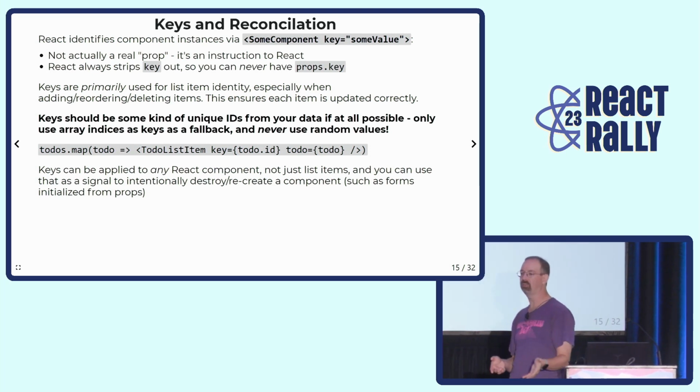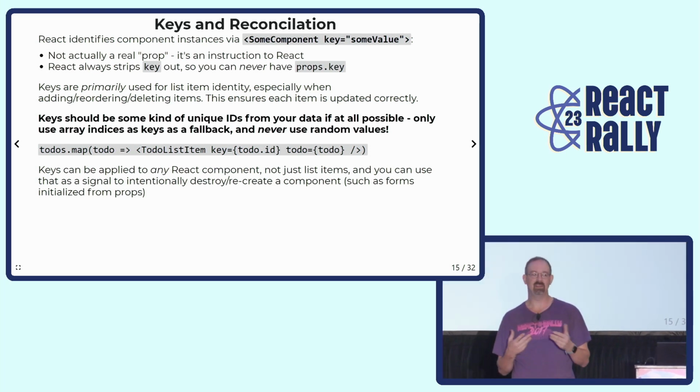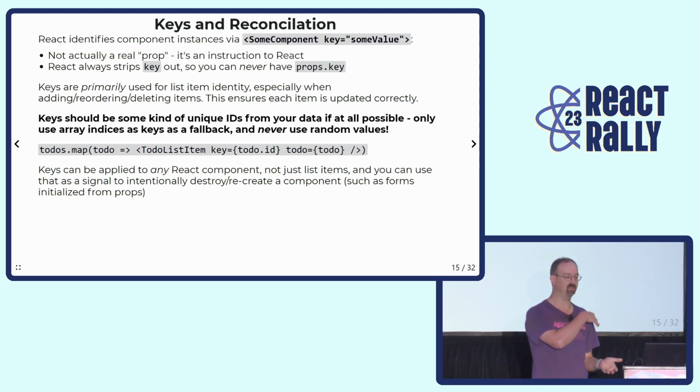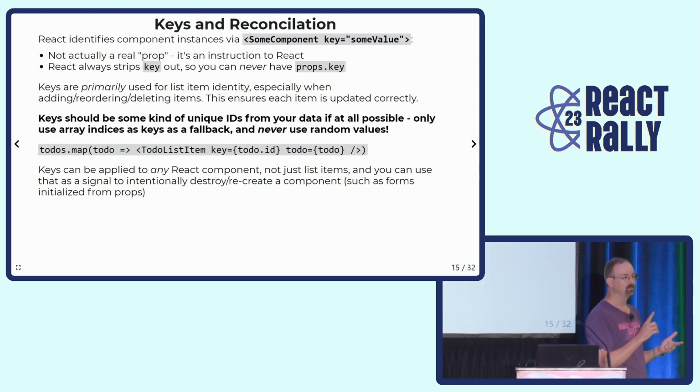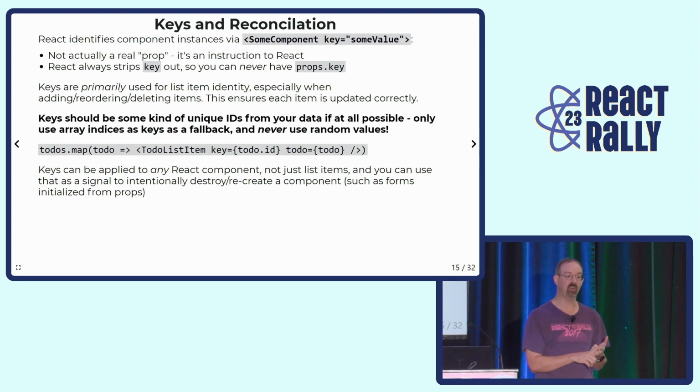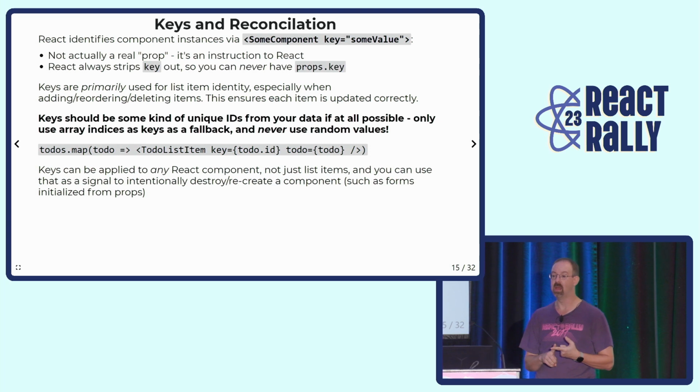Keys are really instructions to React. In fact, you can never have props.key because React will actually strip that off every time. So keys should really be, ideally, unique values coming directly from the data itself.